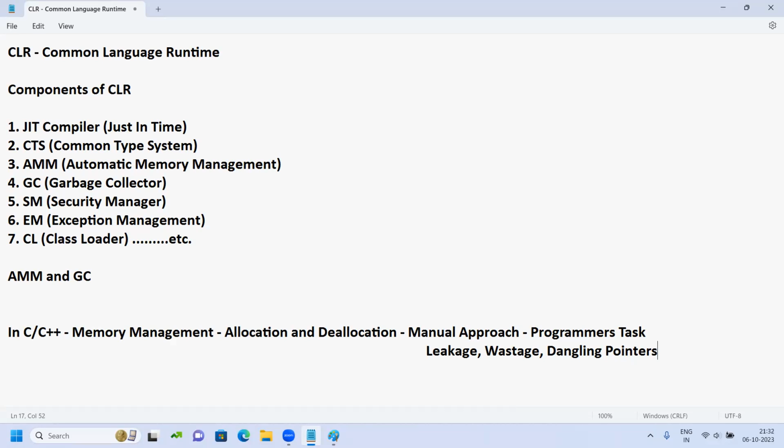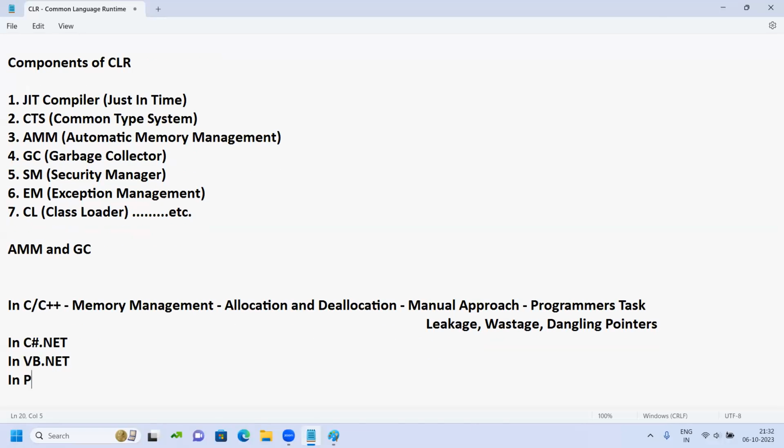Then from then, what are advanced programming languages saying? In C#.NET, in VB.NET, in Python, they are saying now, you want memory allocation, you want memory management everywhere. All three, I'm saying, all three.